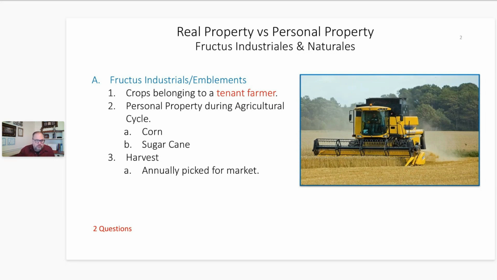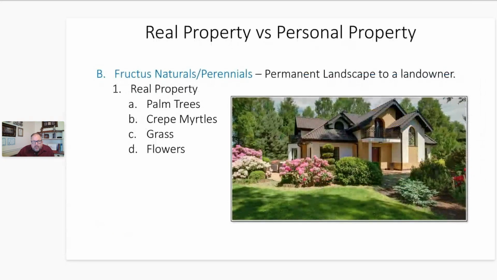Could be a field of corn, sugarcane, and basically it's harvested annually. And because it's picked or harvested and comes out of the ground while it's growing, listen to me, it is considered personal property.